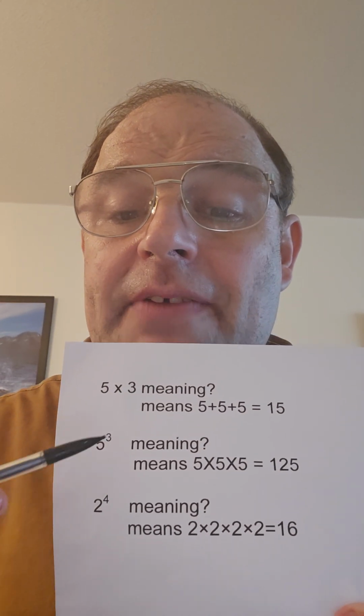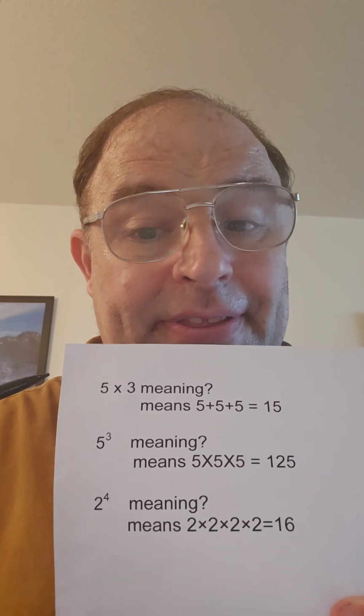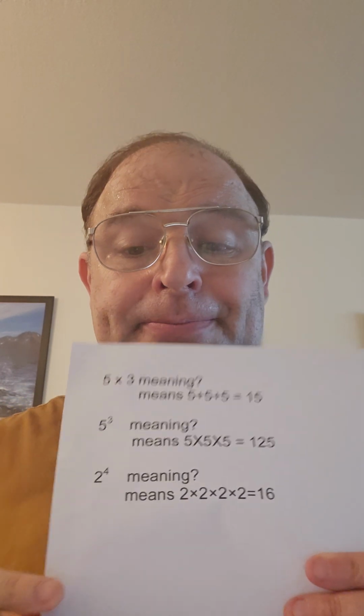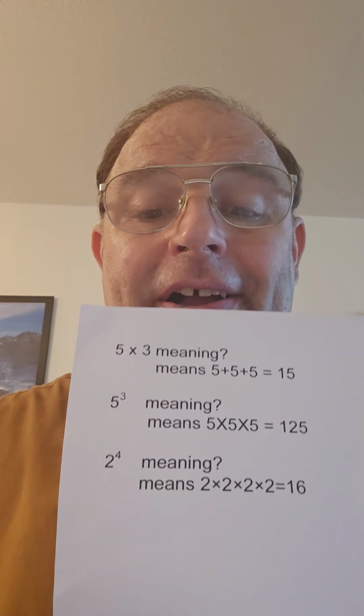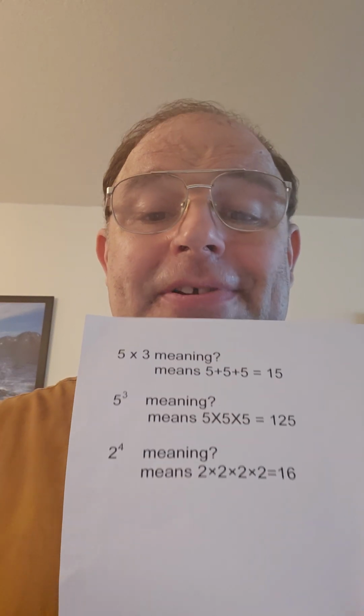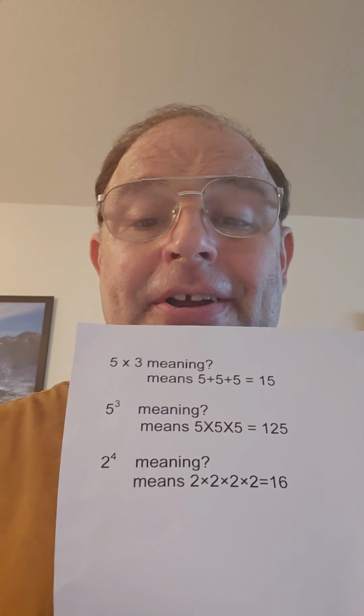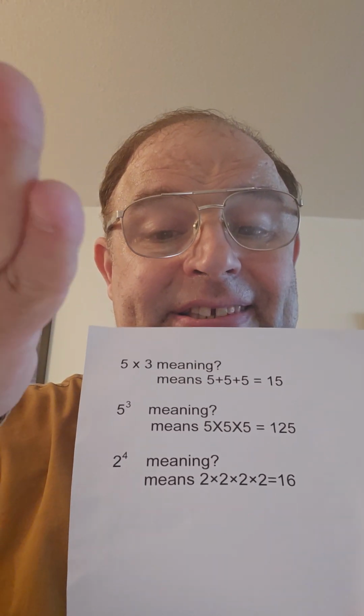So of course 5 to the power of 3 is not the same as 5 times 3. And one more, what's 2 to the power of 4? It's 2 times 2 times 2 times 2, which equals 16. So there's a brief revision of exponents.